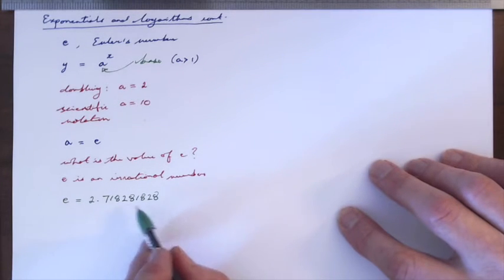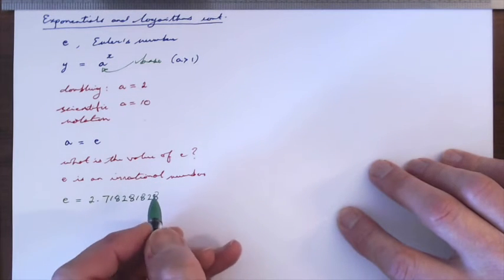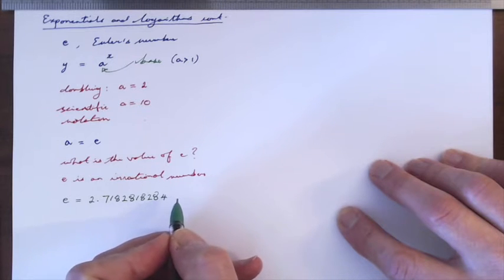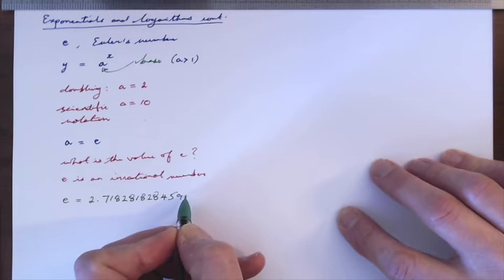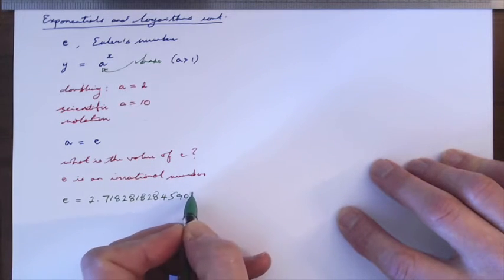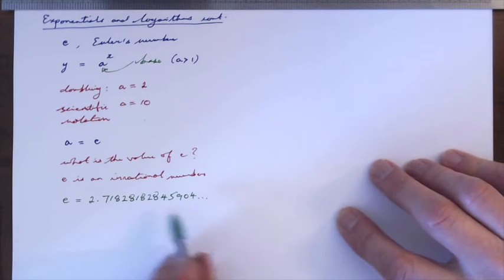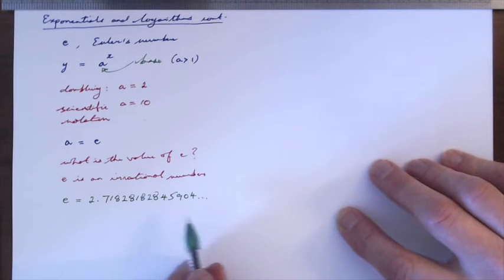But then those repeating digits cease, and we just have some apparently quasi-random digits as you get in these types of irrational numbers. So it's 459, 0, 4, and then just goes on forever. And this number has been calculated to millions or probably billions of decimal places.